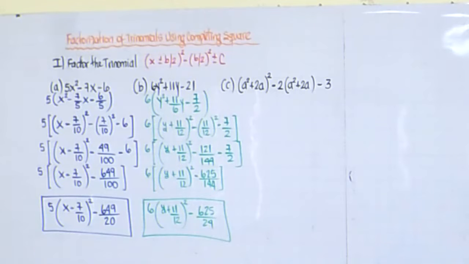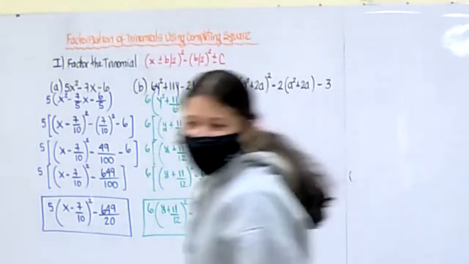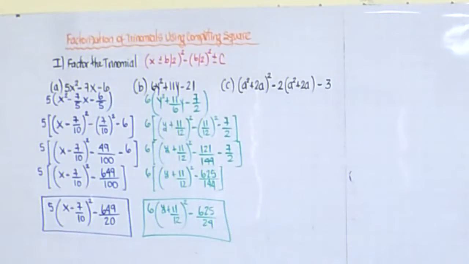Okay, so did you understand where I got this negative 7/2, Analia? Yes. Okay, then you have this fraction, 11 over 12 squared. 11 squared is 121, 12 squared is 144. And we have like terms, these two fractions, negative 121 over 144 minus 7/2. If you use your calculator and subtract both fractions, this is going to be the answer, negative 625 over 144.